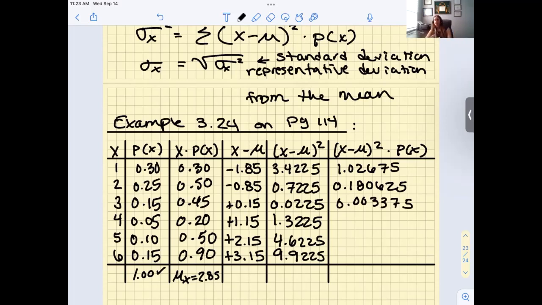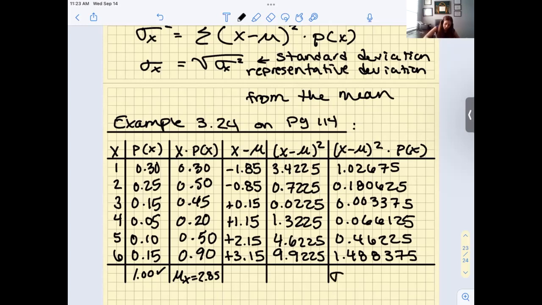So we're prorating these deviations based on the probability that they are to occur. We're multiplying that P of X column by the last column we just did. You get 0.066125. Next. 0.46225. Last. 1.488375.